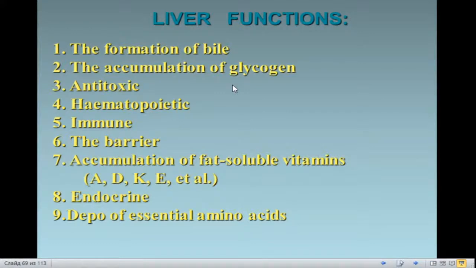Antitoxic means the main function of the liver is, I would say, filtering and detoxification of blood, detoxification from what we have eaten and what has been absorbed from the gut. In the embryonic period, the liver also accomplishes a hematopoietic function, so the blood cells are formed in the liver.